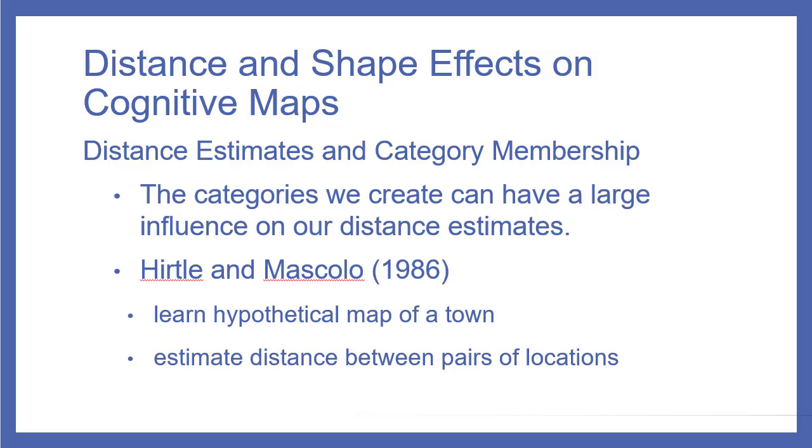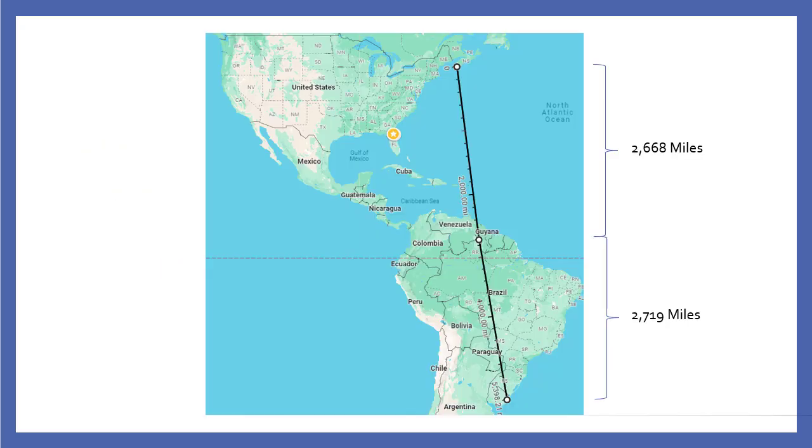And here's an example of what this might look like on an actual map. I was able to get a Google map and put a little tracker on there. The very top of Brazil and the very bottom of Brazil are 2,719 miles apart.